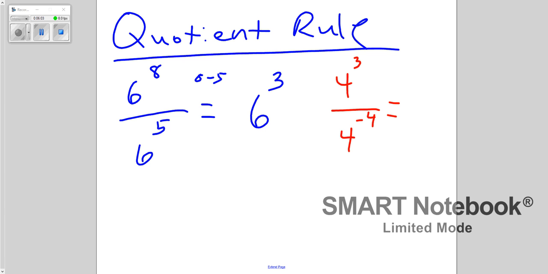A lot of you will look at this and write the answer as 4 to the negative 1st, but this is actually 4 to the 7th power, because 3 minus negative 4 equals 7. So be very careful with your positives and negatives. Use your calculator to help you.